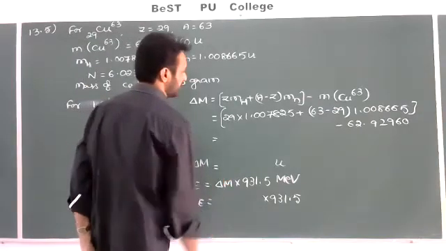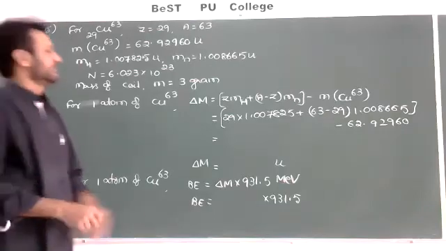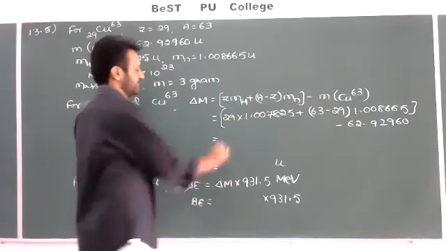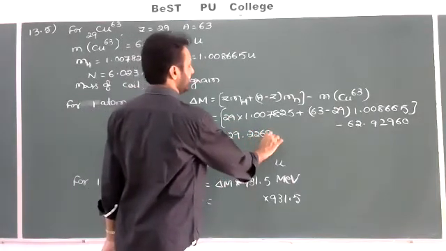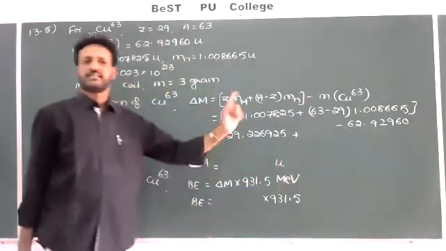Let me check one second. First we multiply this value: 29.226925 plus 63 minus 29.